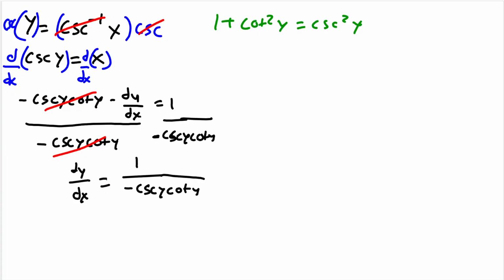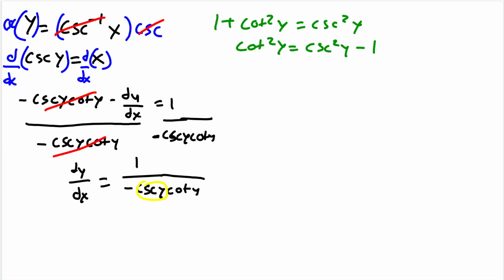So what we want to do here is isolate cotangent squared of y. Why? Because we want to get the denominator in terms of cosecant. I'm going to use green here still. We'll get cotangent squared of y equals cosecant squared of y minus 1.